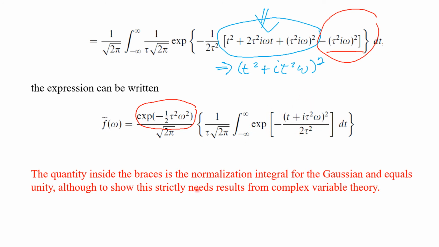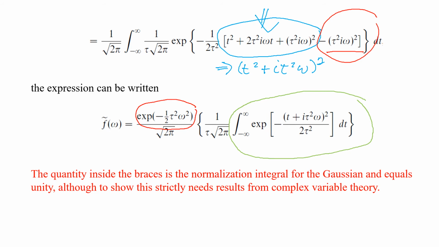So we're just going to evaluate this integral here, which is easier. Okay, and the quantity inside the braces is the normalization integral for the Gaussian and equals unity. So this one here, the quantity inside the braces, is just equal to 1.